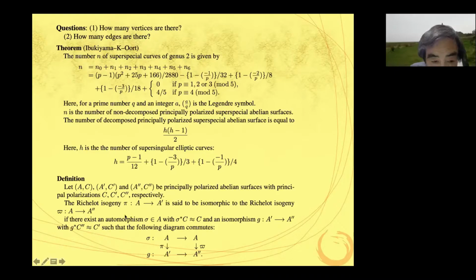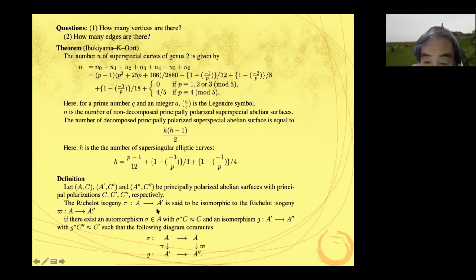And now we give a definition of isomorphism of two Richelot isogenies. We consider three principally polarized abelian surfaces. And we consider two Richelot isogenies, from A to A' and from A to A2'.